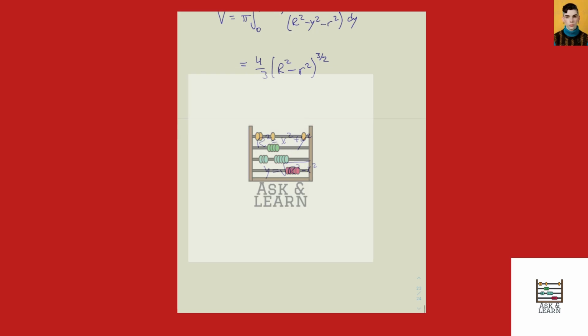And this is using this special method, but it would end up giving us the same answer, and that is a volume of 4/3 pi times big R squared minus little r squared to the 3/2.